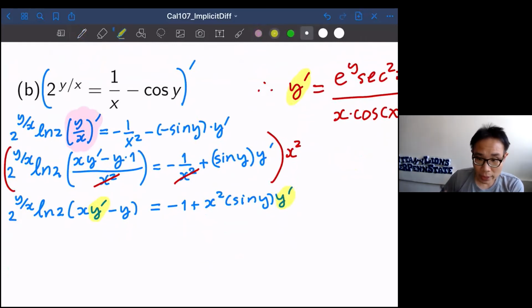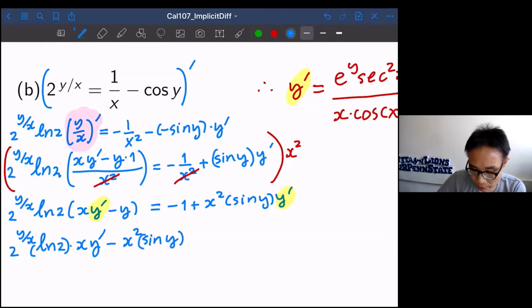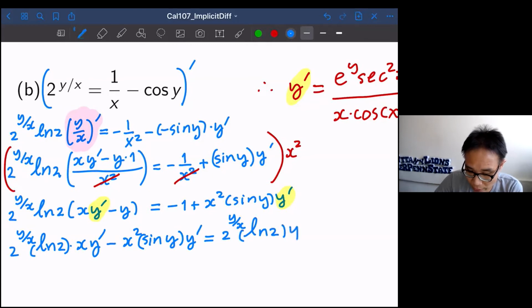So you're going to gather the terms with y prime on the same side, so you get 2^(y/x) log 2 multiplied with x, multiplied with y prime, so it's going to be x y prime, and you have another term which is x squared sine y, multiplied with y prime, equal to the term that you have without y prime, so it's going to be 2^(y/x) log 2 multiplied with y, and minus 1.